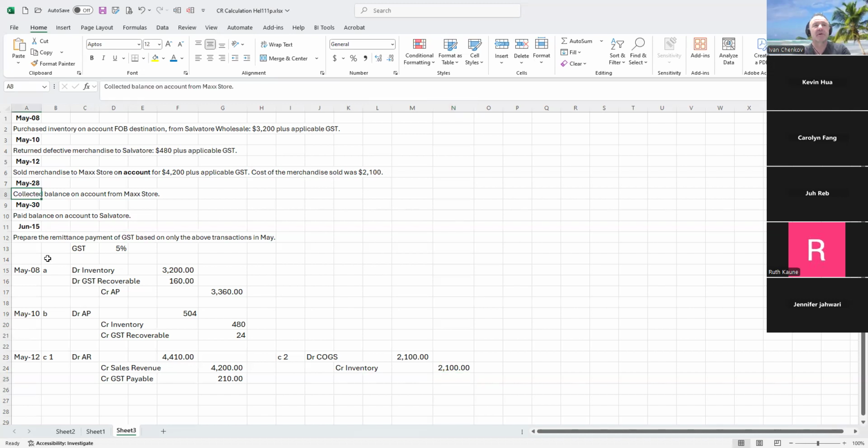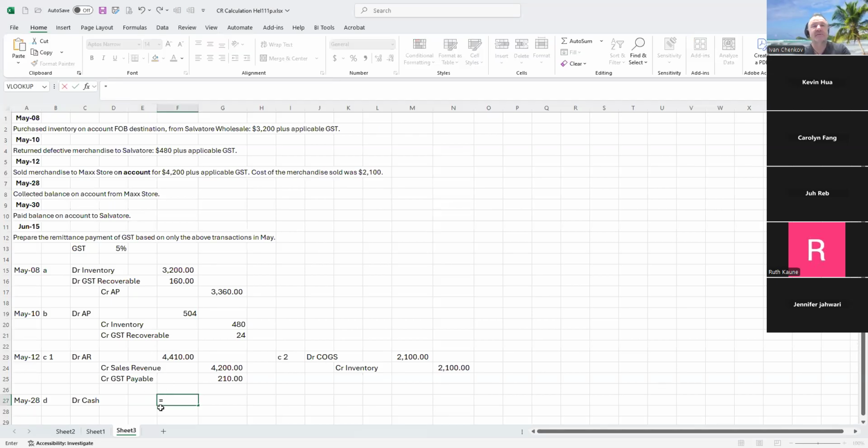Next thing, let's collect the balance. On May 28th, it's a cash day. The client decides to pay. That will be D. Debit, your favorite account: cash.